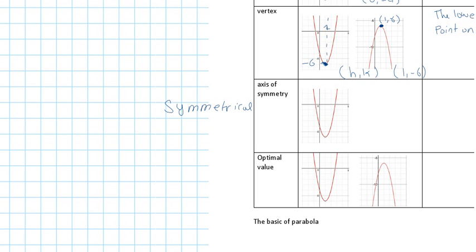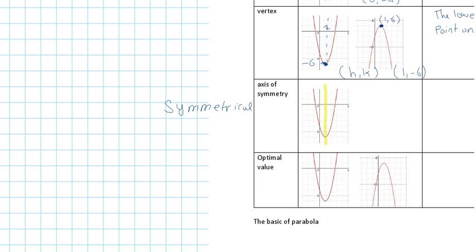This is why it's called the axis of symmetry. Okay? So it's a line that is drawn vertically in the middle, and that's why we say it's a symmetrical curve, right? It's symmetrical to this imaginary line that we can draw down. Now, it passes through the vertex.